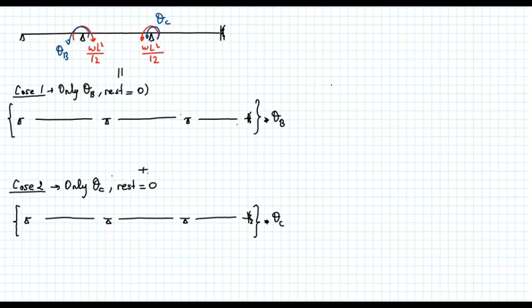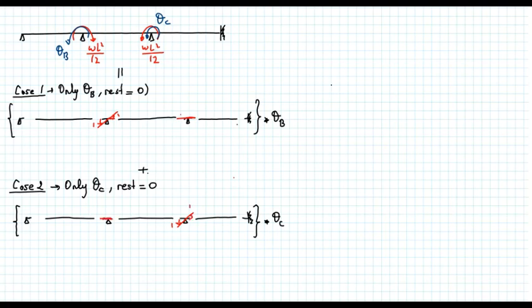Okay, now in the first case we have only theta B, so I have a unit rotation here, 1, 1, and rotation at C is equal to 0. In the second case, I have a unit rotation, 1, this is also 1, but at B is equal to 0.